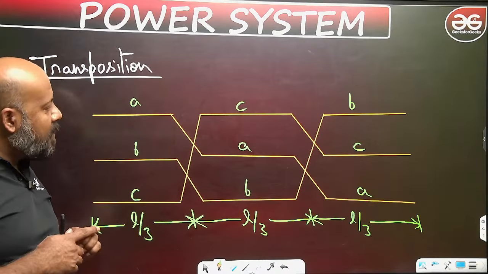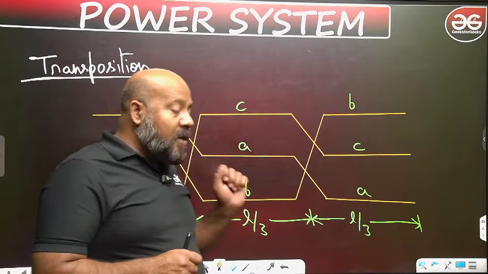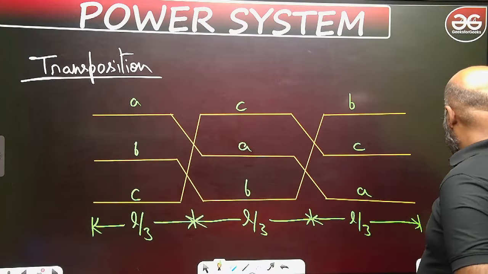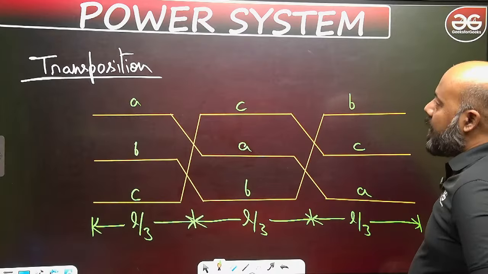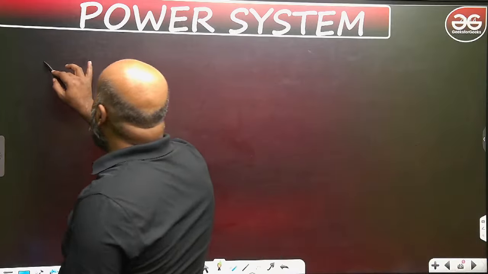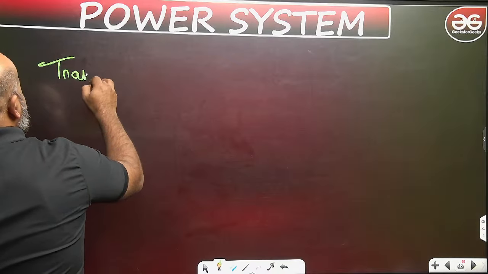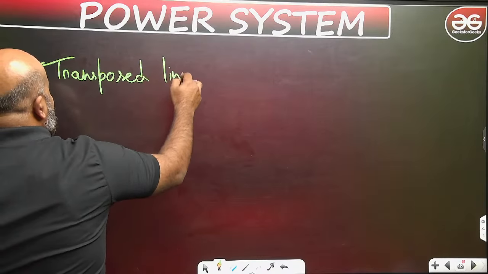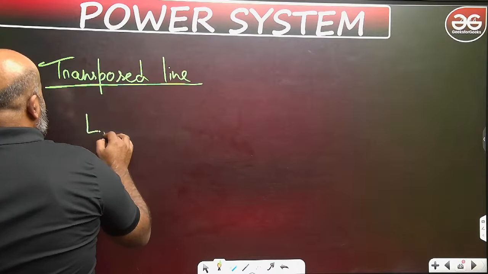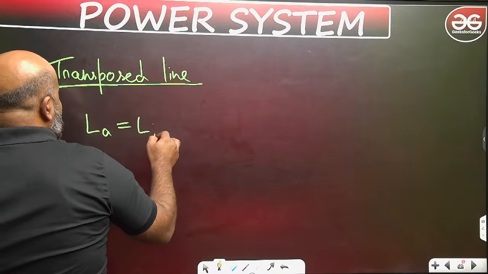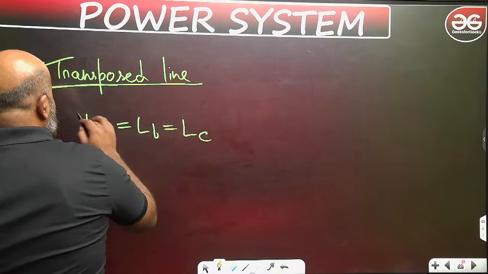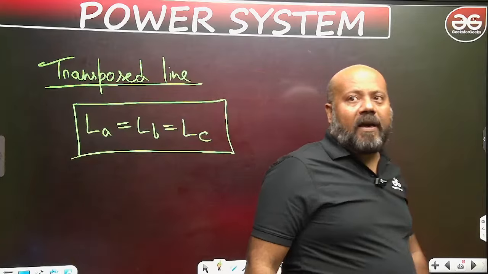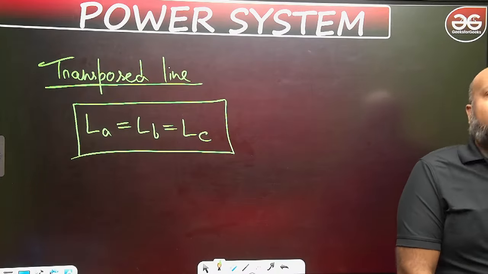Are you getting this? Now, because of this reason, just keep my words very carefully. If you have a transposed three-phase line, in that case LA, LB and LC are going to be exactly the same.